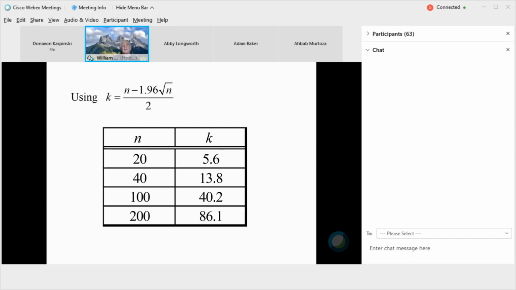For n equal to 40, it'd be 13.8, so you'd go from the 14th smallest observation to the 14th largest observation. For n equal to 100, putting n equal to 100 here, you get k is equal to 40.2. So k is approximately 40. For n equal to 200, it's 86.